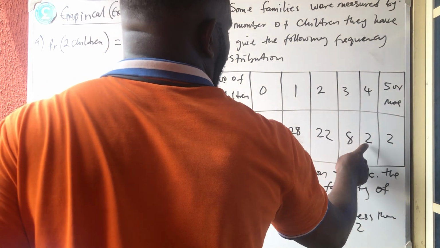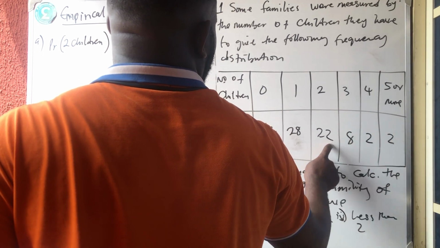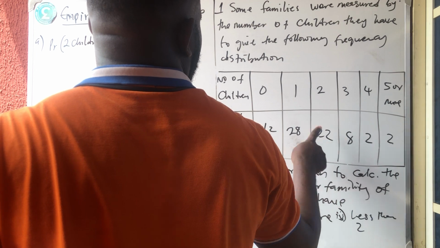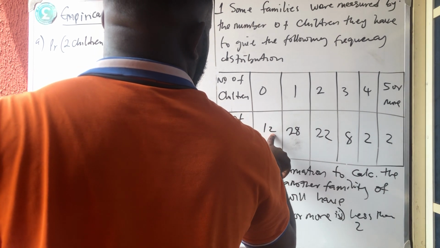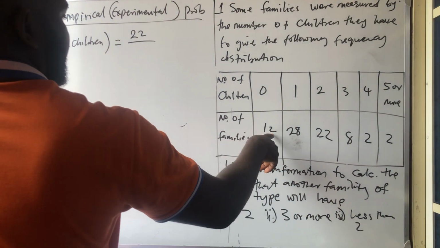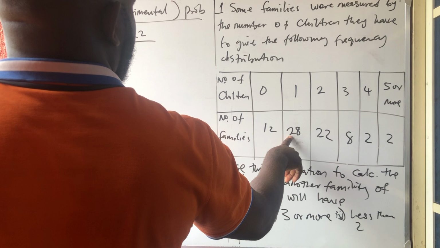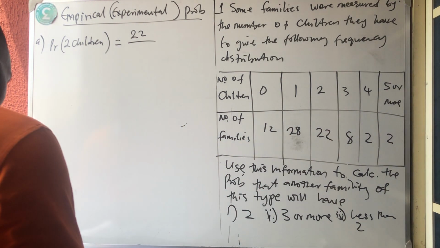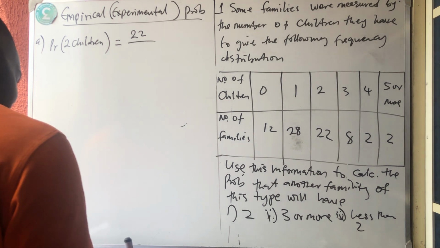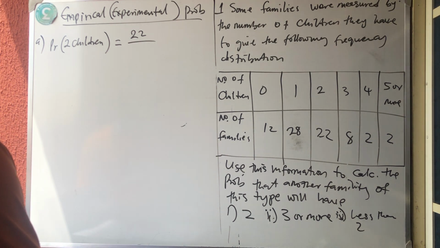2 plus 2, 4. This is 10, 12, 14, 34, 36, 46, 56. Is it up to 74? You can calculate it. So let's do it again.